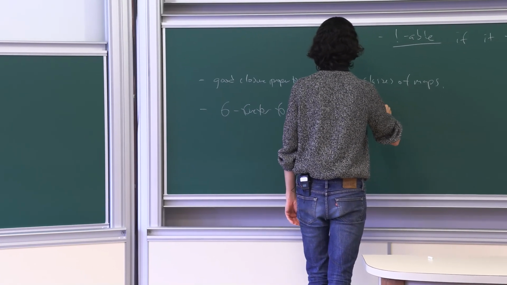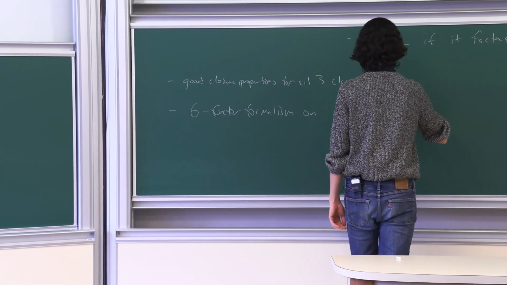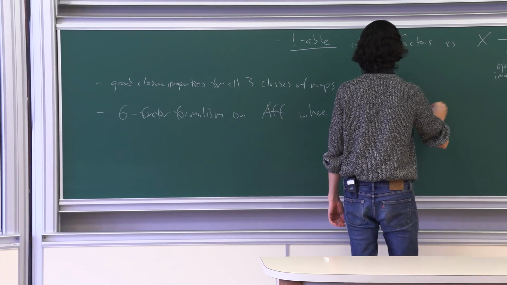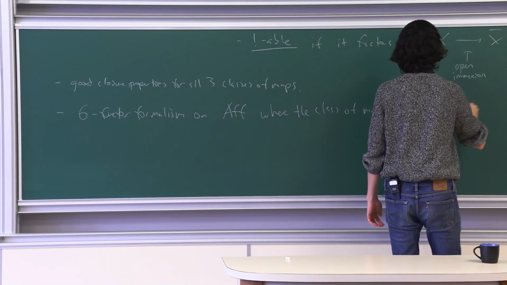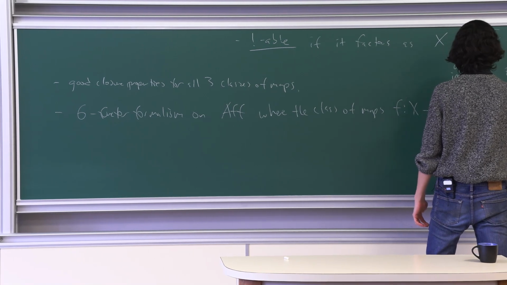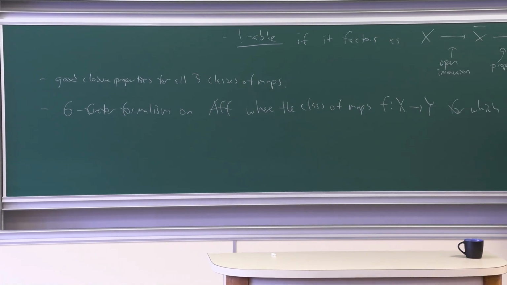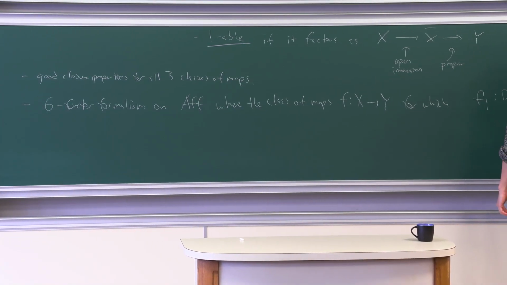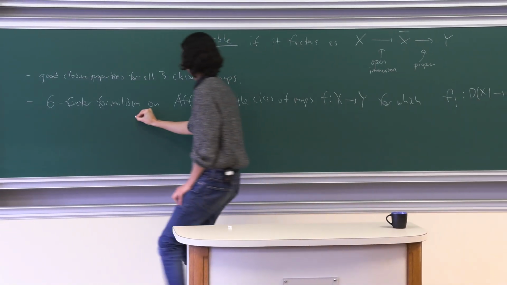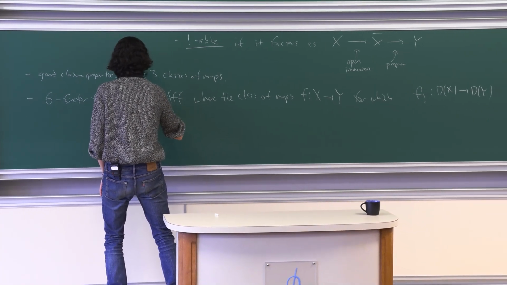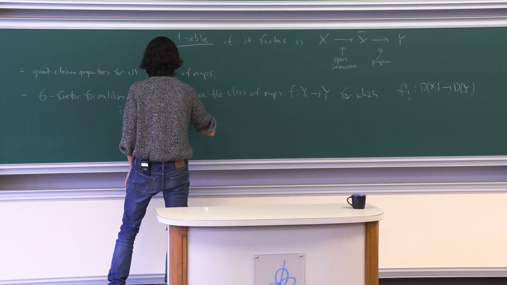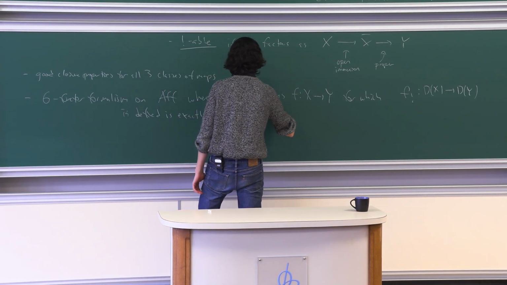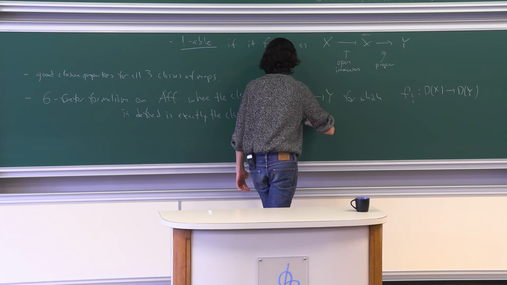On AF, where the class of maps for which the important functor, the lower shriek functor, is defined, is exactly the class of shriekable maps.